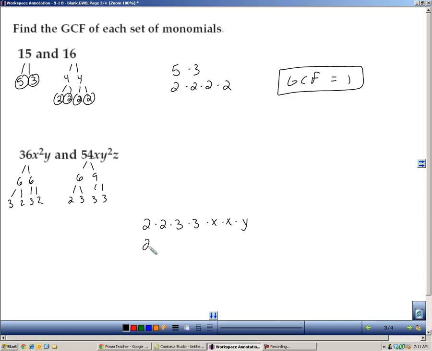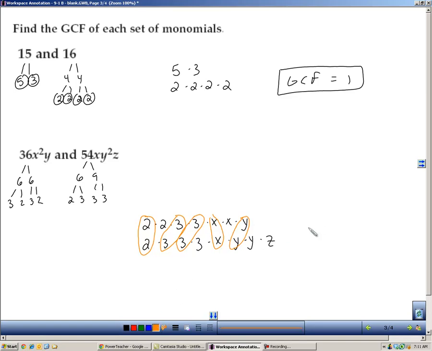So we'll list those, 2 times 3 times 3 times 3, 1 x, 2 y's, and a z. Now to find the GCF, we circle all the common factors and take that number one time. So we take a 2, we'll take a 3, we'll take another 3, an x, and a y. So those are all the common factors.